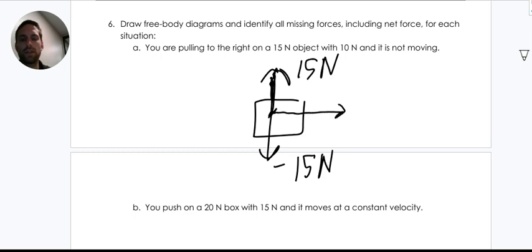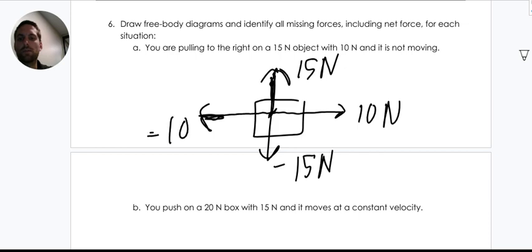And if there is a 10 newton force going to the right and it is not moving, then it must have an equal and opposite force in the other direction, friction most likely. It has to be negative 10. So our net forces are going to balance out. So 10 plus negative 10, or 15 minus 15, or plus negative 15, and we should get 0 for both the x and the y.